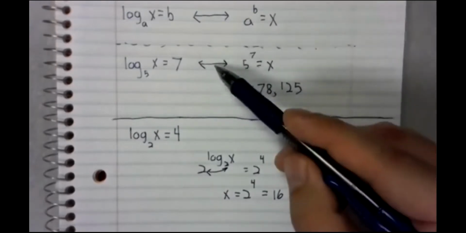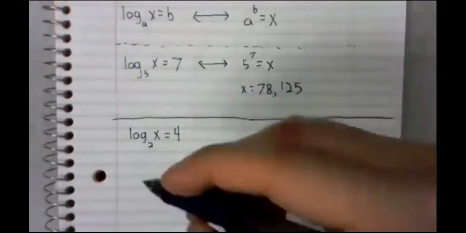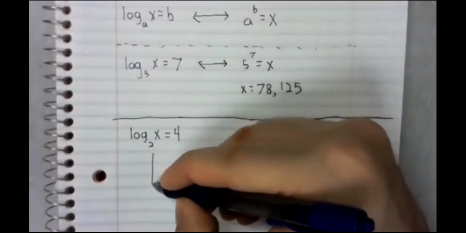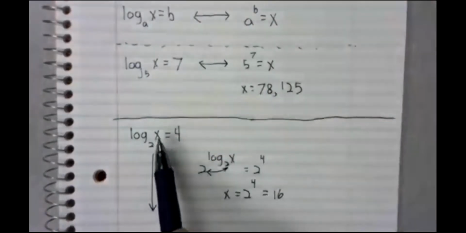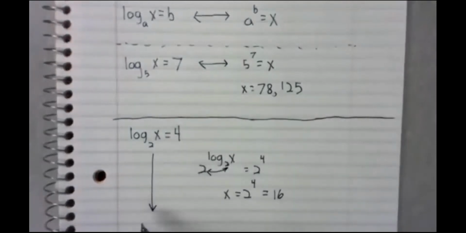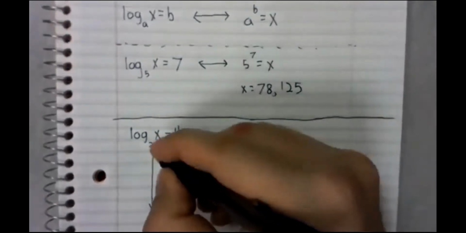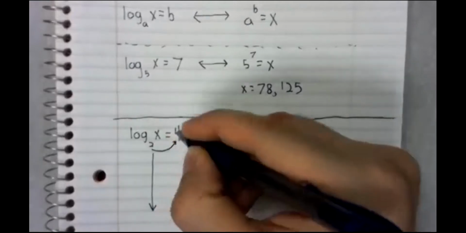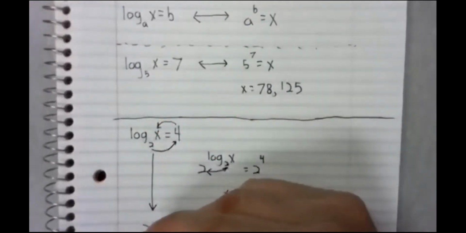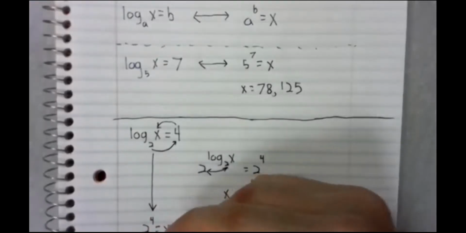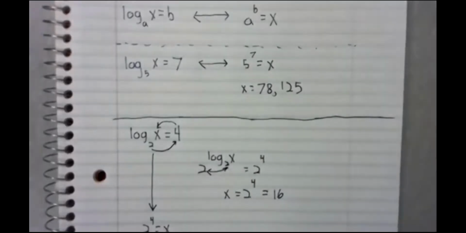And going back to what I have written up here, we could go directly from here to the statement that 2 to the 4th equals x.